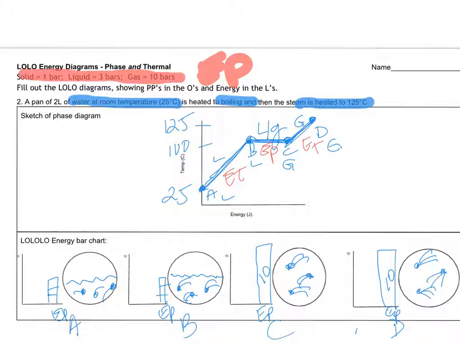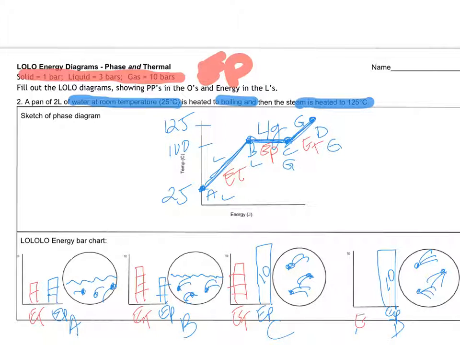Because remember, thermal is something that I can measure with my thermometer, like temperature. So over here on the left, I'm starting out at 25 degrees. I feel like using 2 bars for 25 degrees. I'm heating it up to 100, so I'm going to use 4 bars at 100. Now, at C, I'm still at 100 degrees, so I still need the same amount of bars, 4 bars.